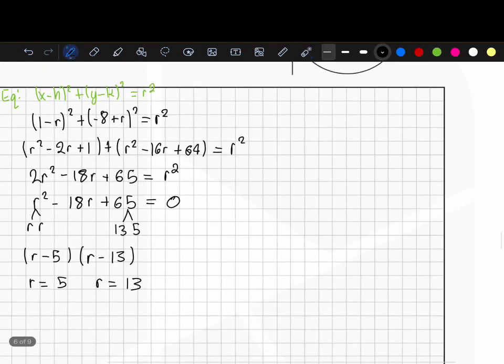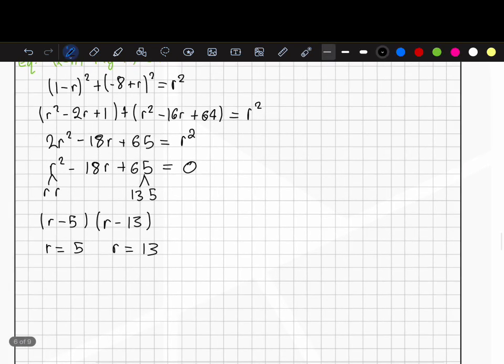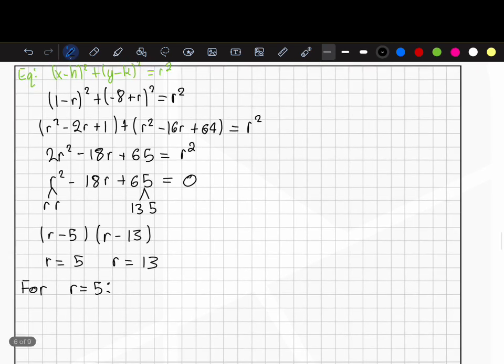So if I use this equation again, what I'm going to end up with for r equal to 5, I'm going to get (x minus 5) squared plus (y minus minus 5, which is plus 5) squared is equal to, and then 5 squared is 25.